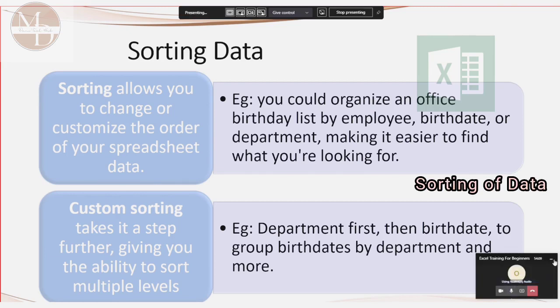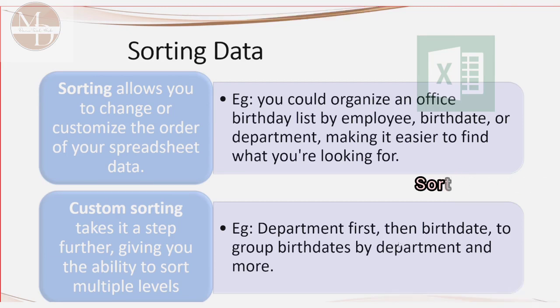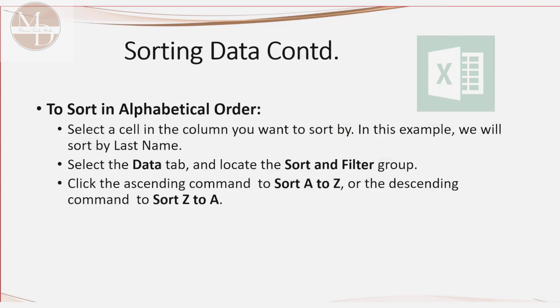Now, sorting allows you to change the order of your spreadsheet data. Then we also have custom sorting, which takes it further, giving you the ability to sort at multiple levels, for instance department first, then birthday. Now, to sort in alphabetical order, select a cell in the column you want to sort by.